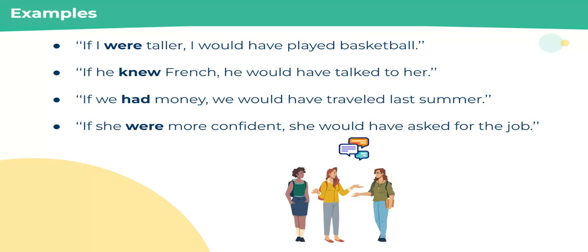Okay, so all of these use the if clause to describe a present context. If I were taller, I would have played basketball in the past. If he knew French, he would have talked to her in the past. If we had money, we would have travelled last summer. If she were more confident, she would have asked for the job.